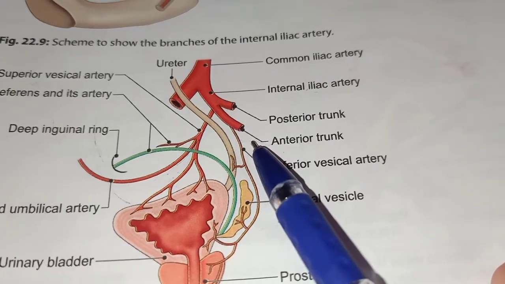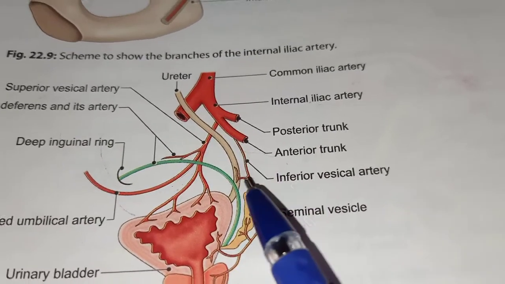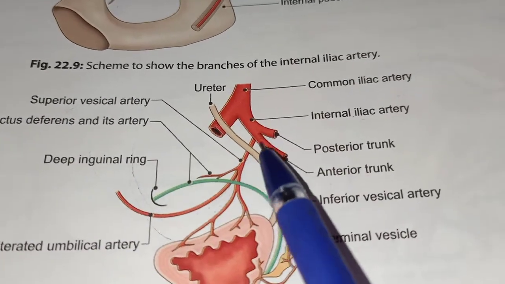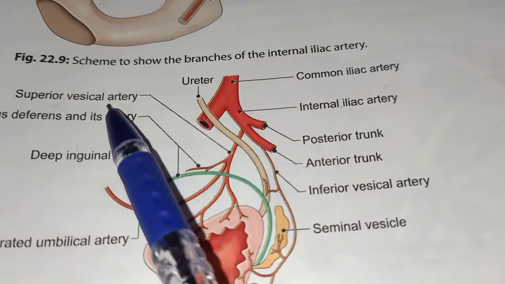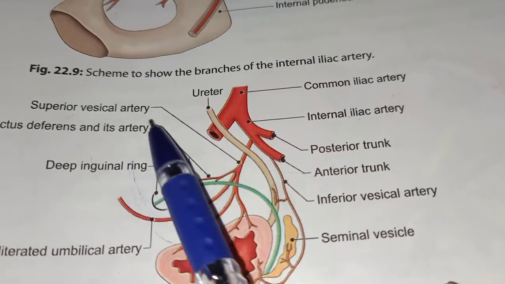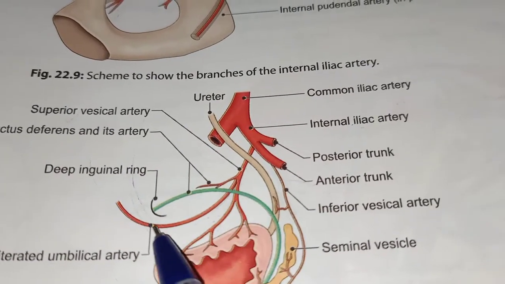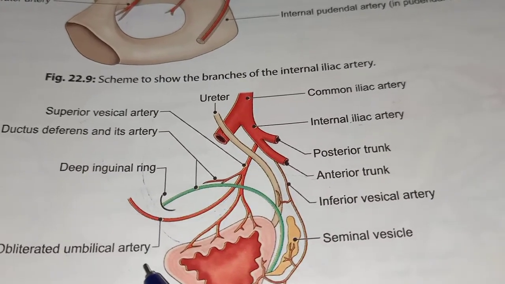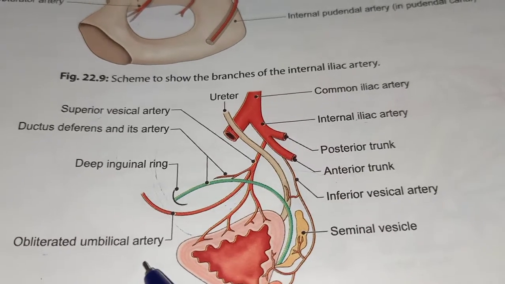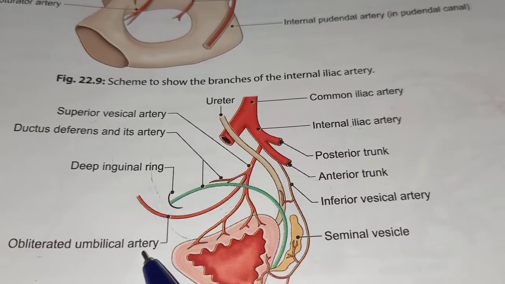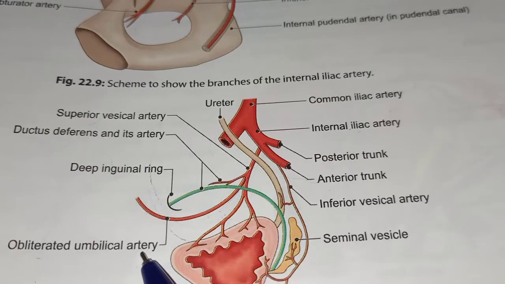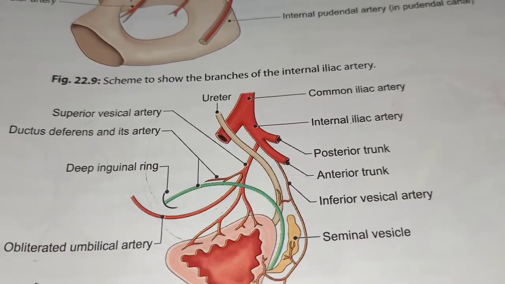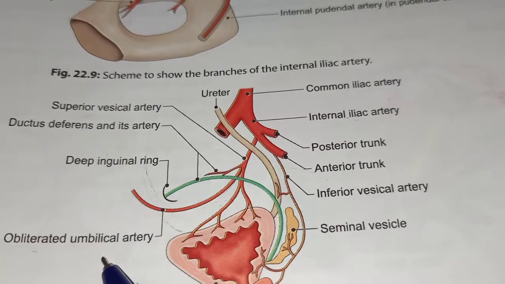From the anterior trunk arises the superior vesical artery. The superior vesical artery is actually the representative of the obliterated umbilical artery, which is a part of placental circulation in the fetus.